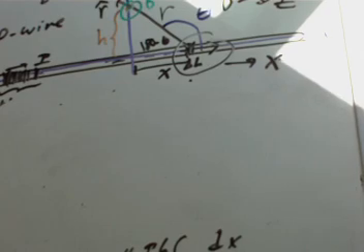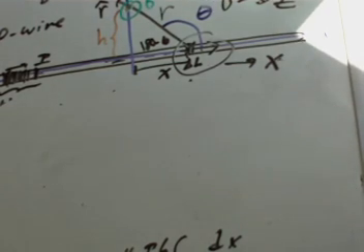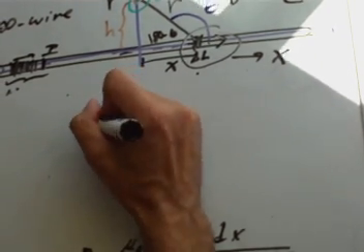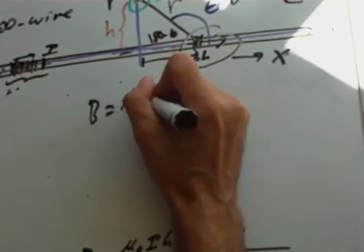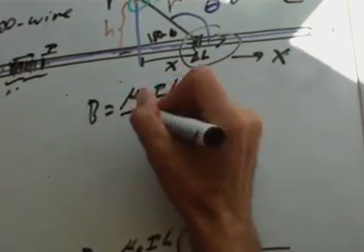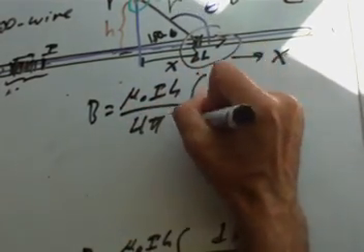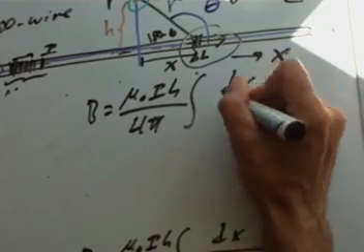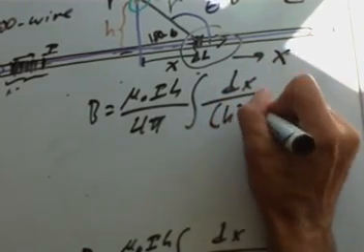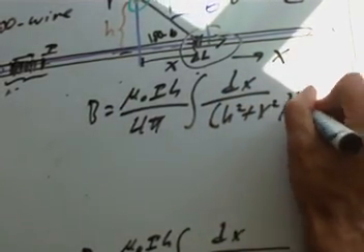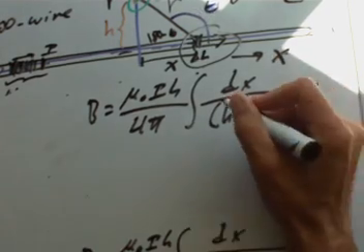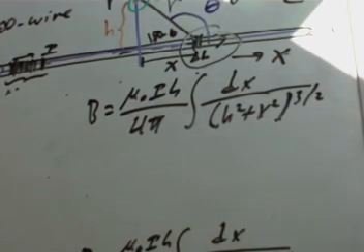Let me copy this step to the top. What I'll also do is rewrite the bottom as something to the 3/2 power. So B is going to be mu naught I h over 4 pi times the integral of dx over h squared plus x squared, all that to the 3/2 power. And there we go.